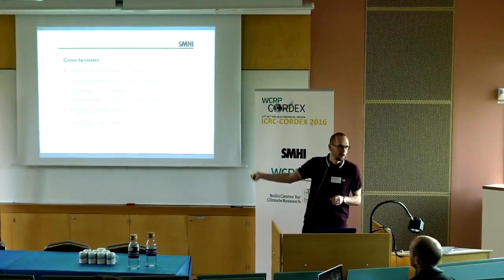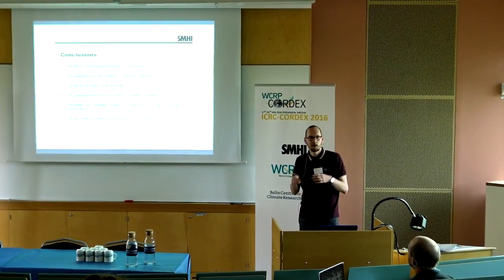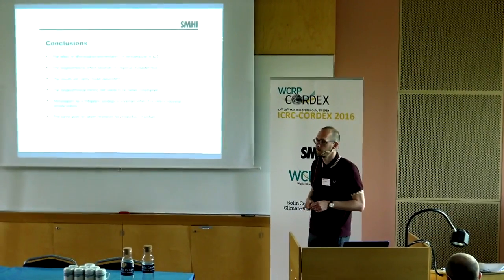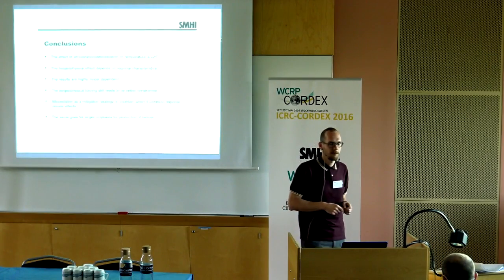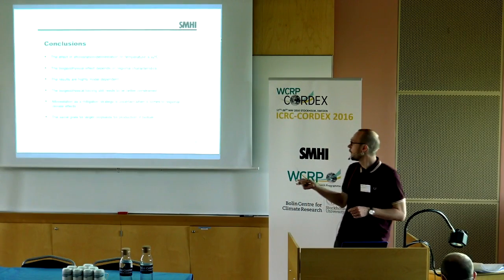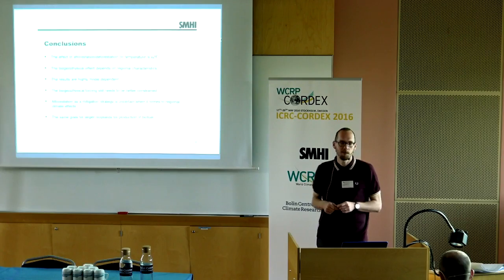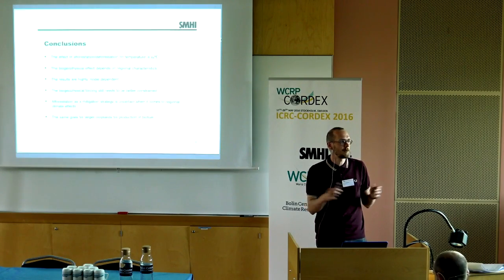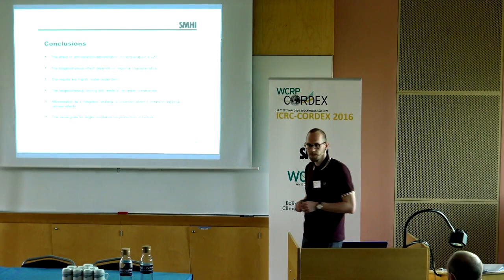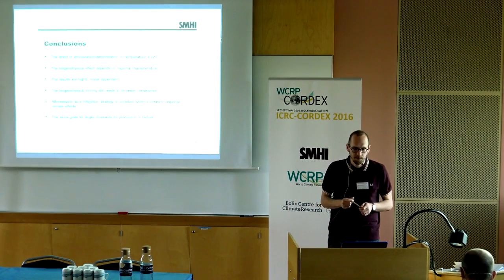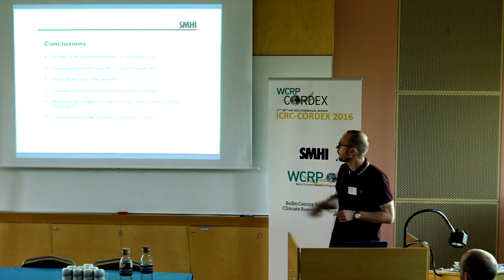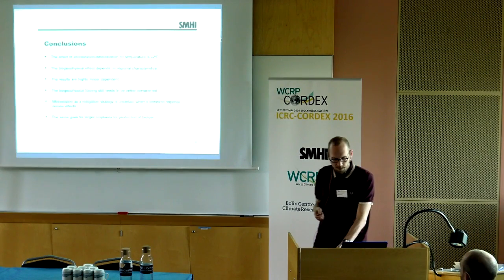And the same, of course, goes for if you want to increase croplands for growing biofuel. What will be the effect of larger croplands in Europe because we want more biofuel production, which is also part of RCP 2.6, actually. So that is also something to think about for the future.